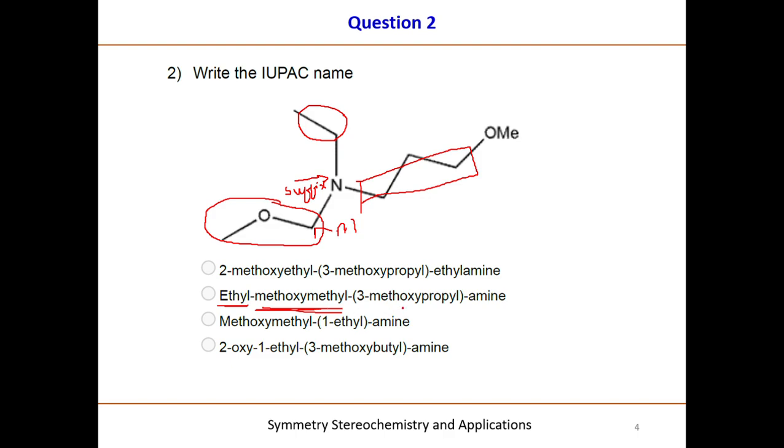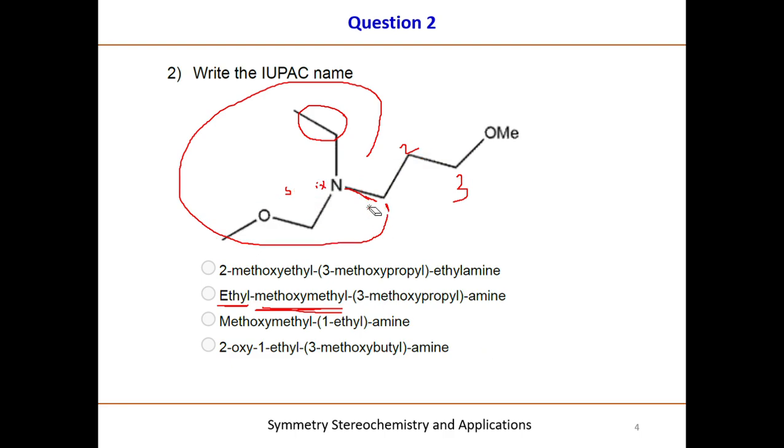Now we have to write the parent chain name because we have already written the substituent names. We will start numbering the parent chain from the side where the suffix is present. You can see the suffix is present here, so this carbon is 1, this is 2, and this one is 3. At carbon number 1 we have this suffix group. But before writing the suffix we always write the parent chain name, right? The suffix is always written last. So we will write the parent chain name here.